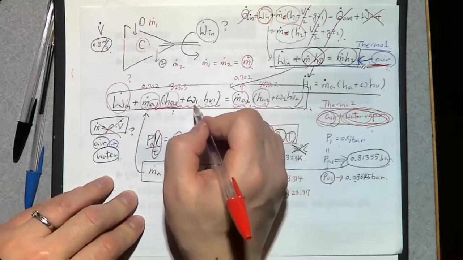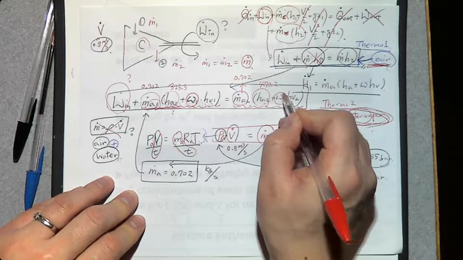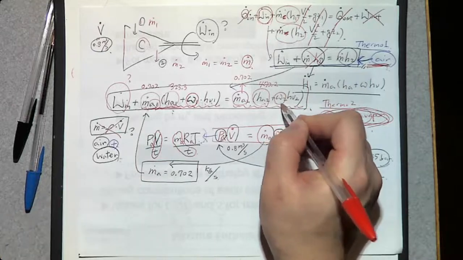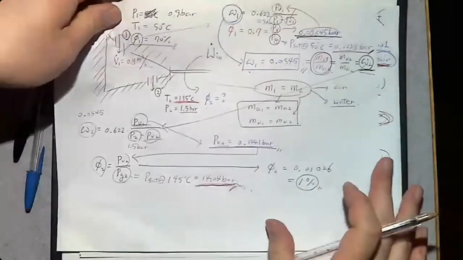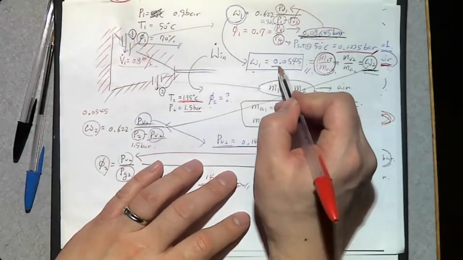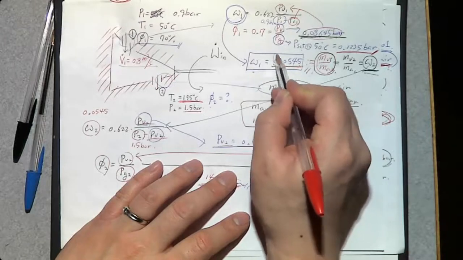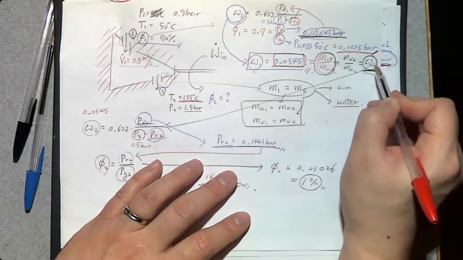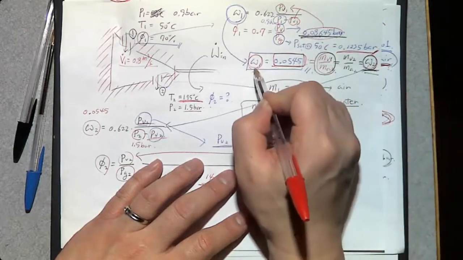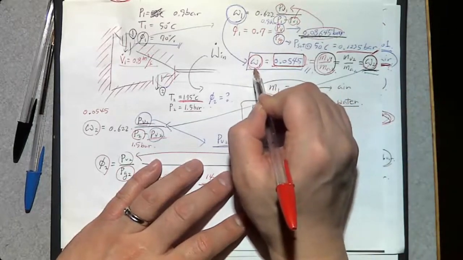What about the humidity ratio? Well, we already calculated the humidity ratio. The humidity ratio is 0.0545, and we confirm that this humidity ratio does not change between inlet and exit due to the conservation of mass principle.